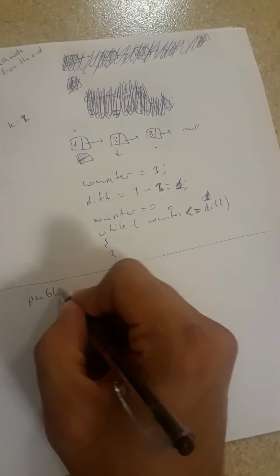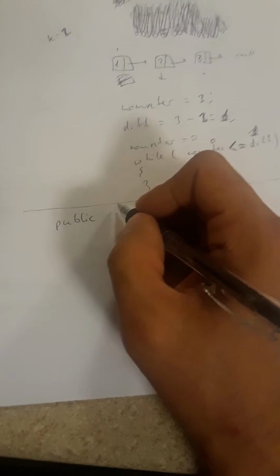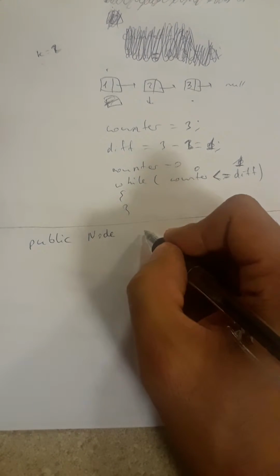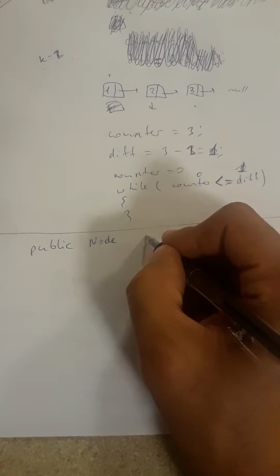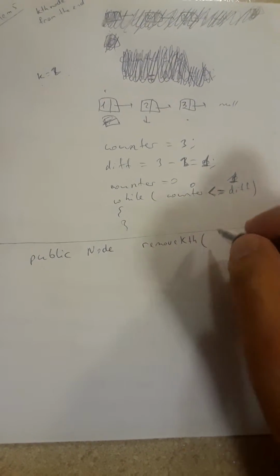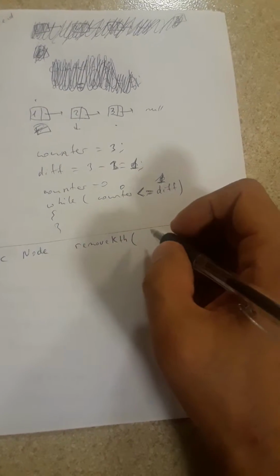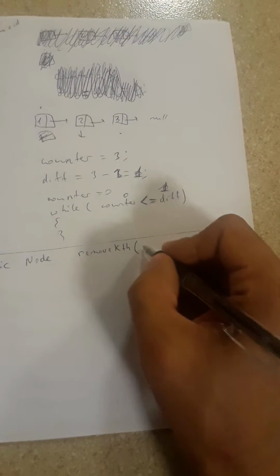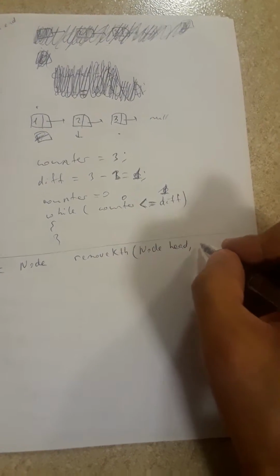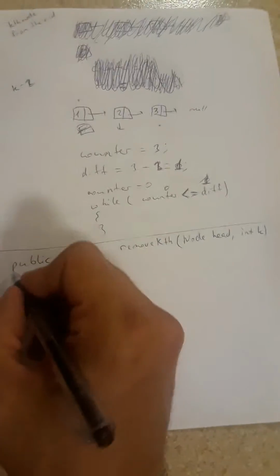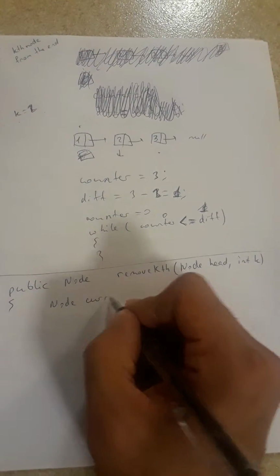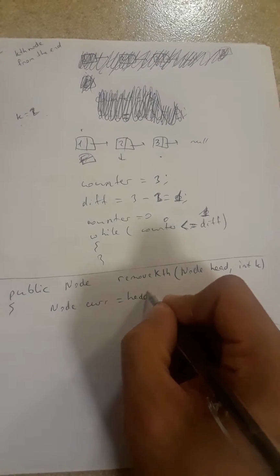So our function will be like this. I will call it removeKth, and it returns a node. The inputs will be the first node of the linked list, and an integer k. Here I will also declare my current equal to head.